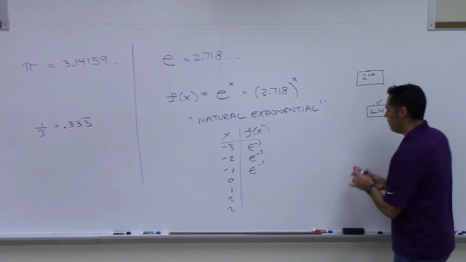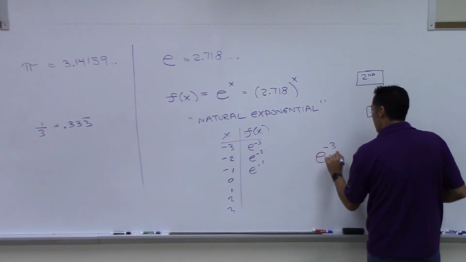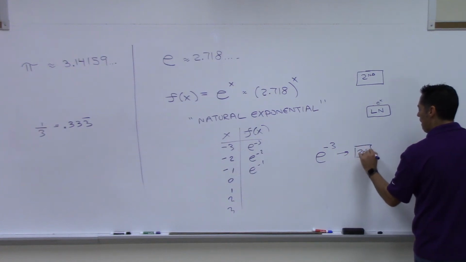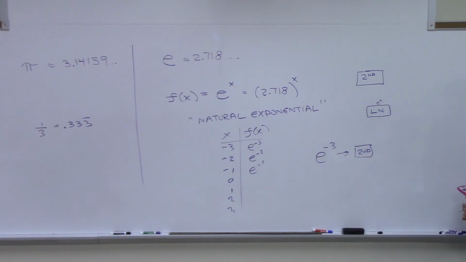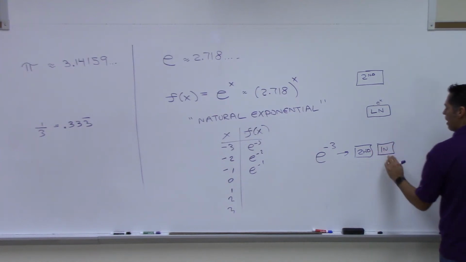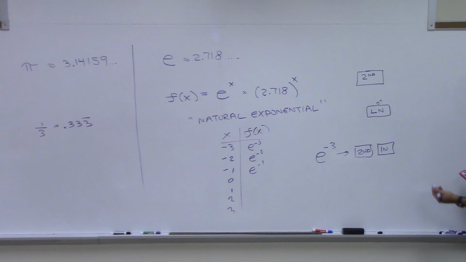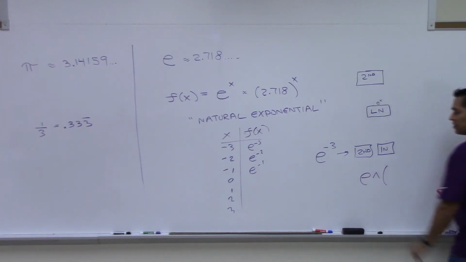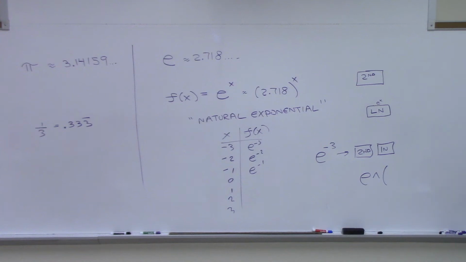So let's do e to the -3. The way I would type that into my calculator is this. I would hit the second key, then I would hit the LN key, and on my screen I get e, a caret and a parenthesis. And now what do I want to plug in there? -3.